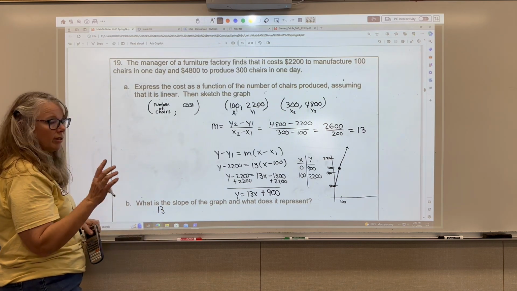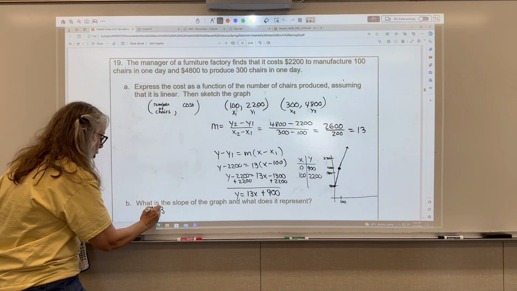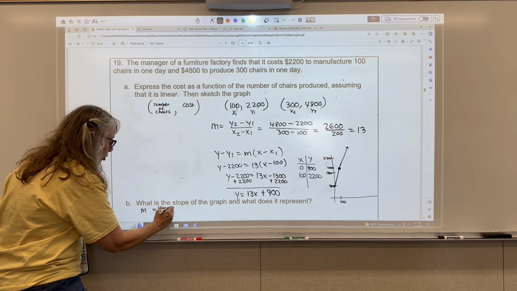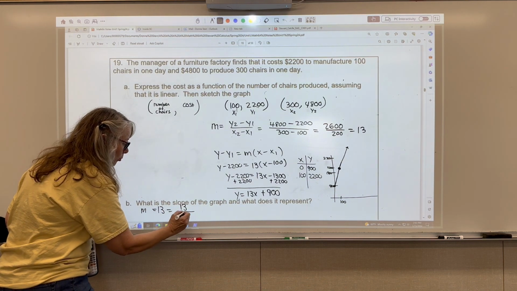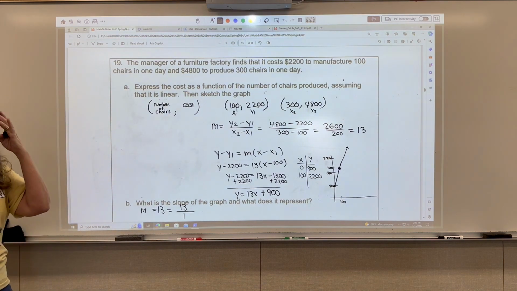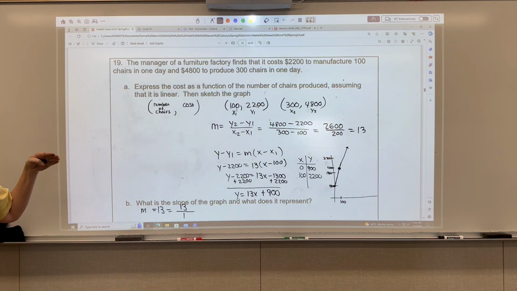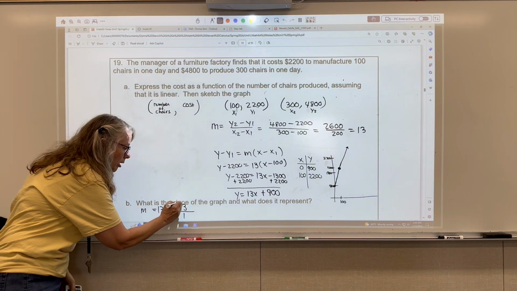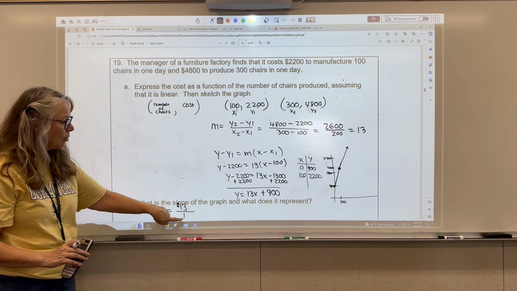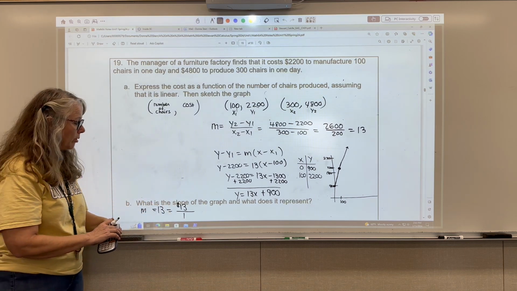If you wanted to write this as a fraction and then put some units on it, it sometimes helps you on what it means. So in the numerator are the y values, the change in y, and the y values were costs, so those are in dollars. And then the denominator is number of chairs.